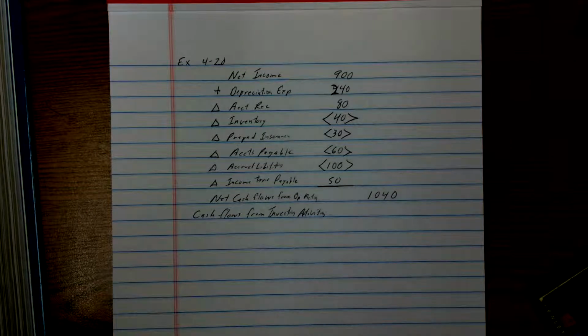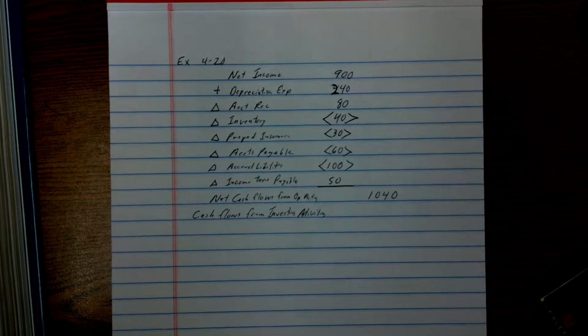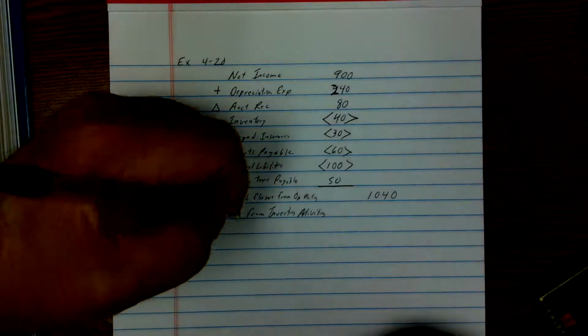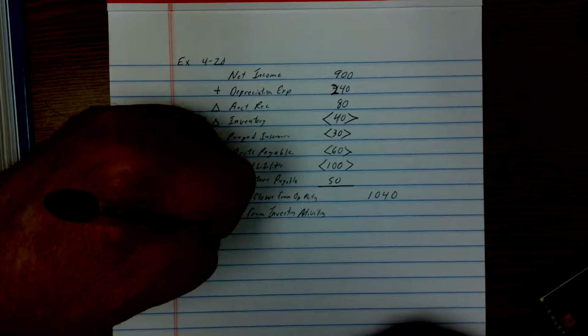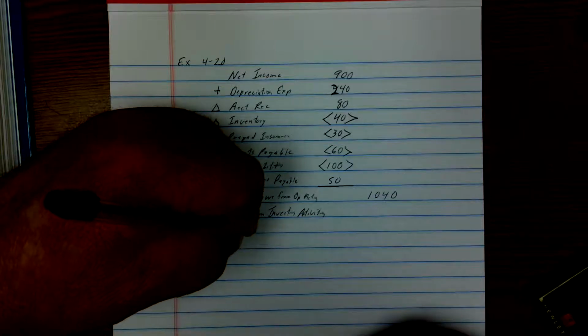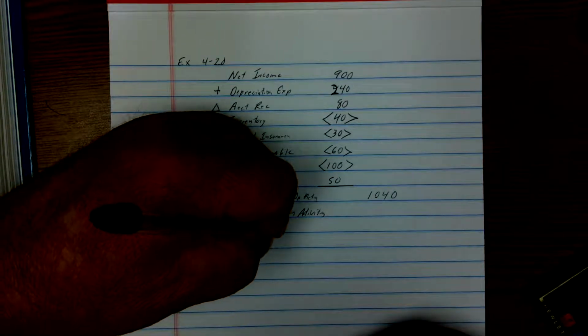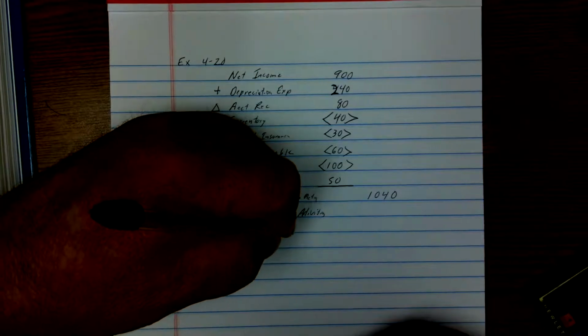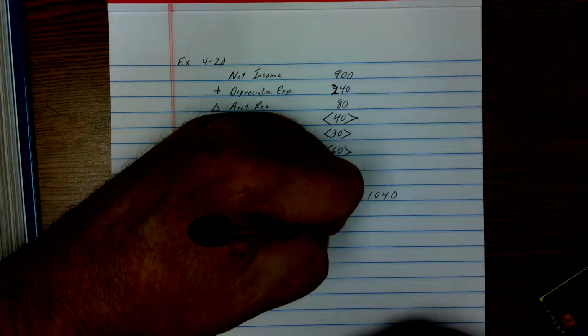Remember we said that on December 31st of 2020, we had 1,800,000, and on December 31st, 2021, we had 2,100,000. So we increased by 300,000. That means we invested in equipment for 300,000. So we have a purchase of equipment for 300,000.